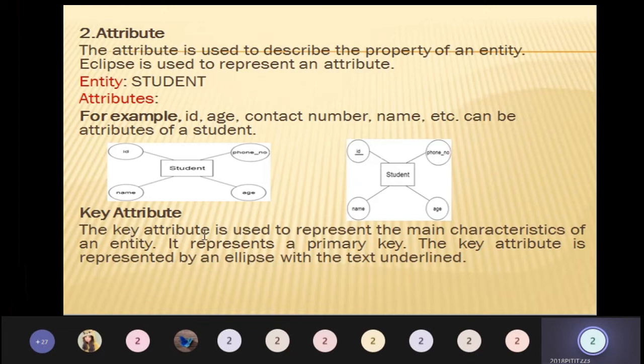The key attribute is used to represent the main characteristics of the entity. It represents the primary key, so the ID field name in the student table is underlined. The key attribute is represented by an ellipse with the text underlined. So look at this diagram.